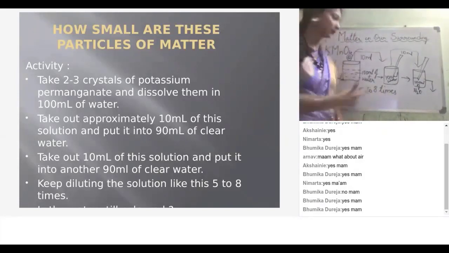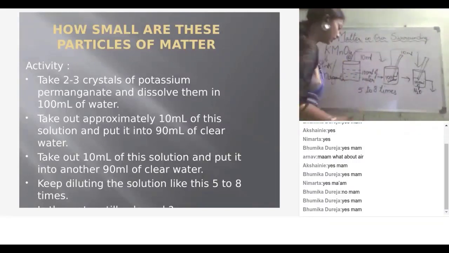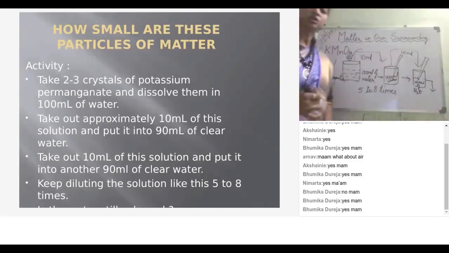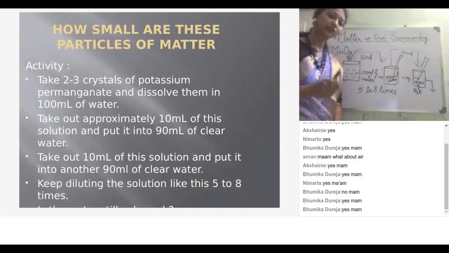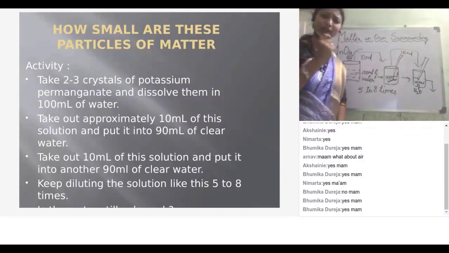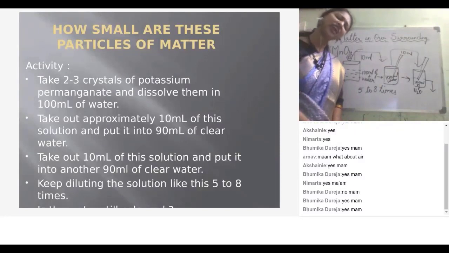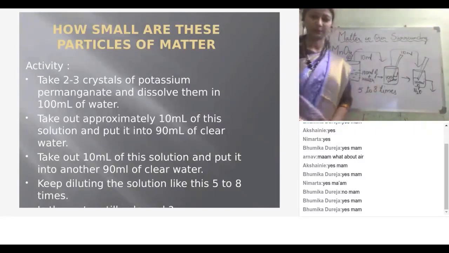If you repeat the activity 5 to 8 times, with the 8th beaker as the last beaker, we can still see a very light, very faded color of potassium permanganate in it.